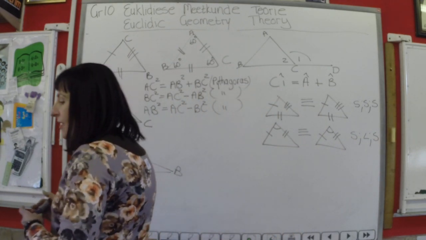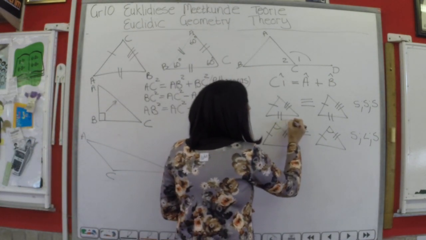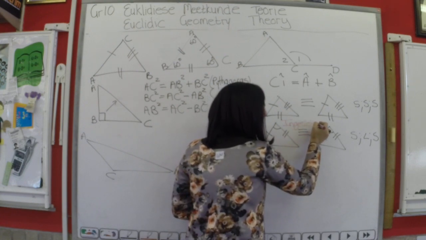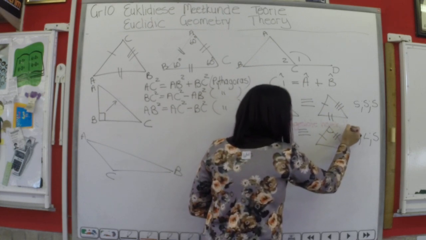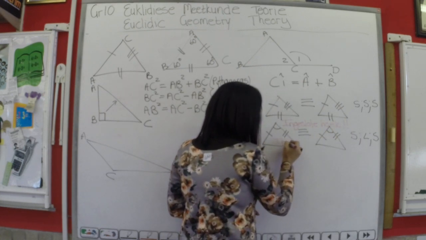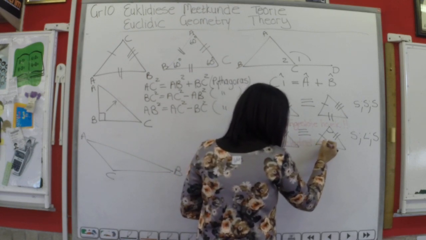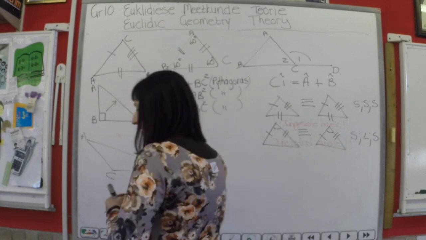The angle must be included. Dit moet 'n ingeslote hoek wees. Ingeslote hoek. Very important. Included angle. Otherwise it's not congruent. Baie belangrik. Included angle. Right, dit het ons ook geleer.